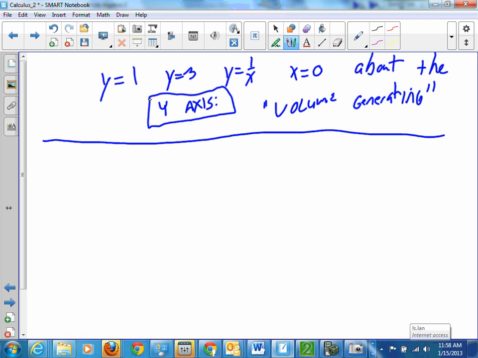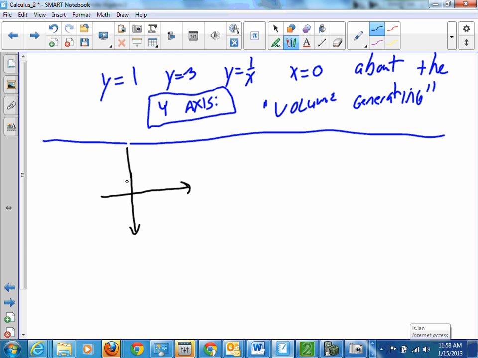So a good first step is to maybe take a look at the 2D picture and see if we can figure out what the shape of this is going to be. So let's start with the easy points, y equals 1 and y equals 3. So let's move this up a little bit.